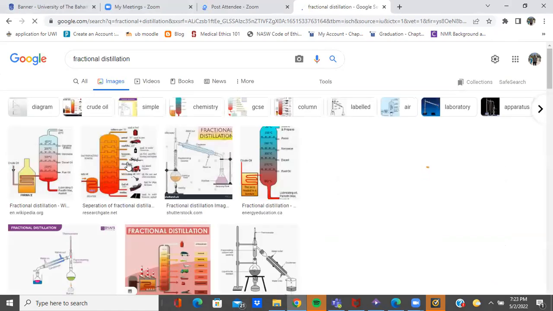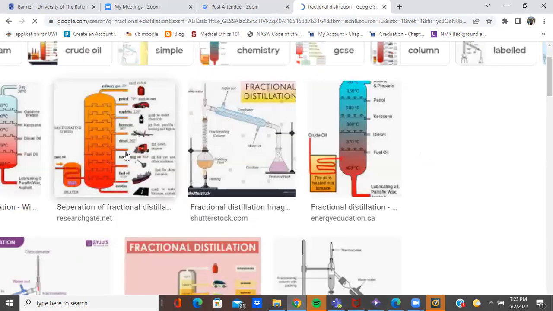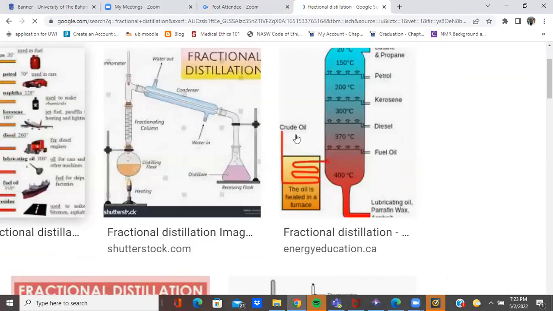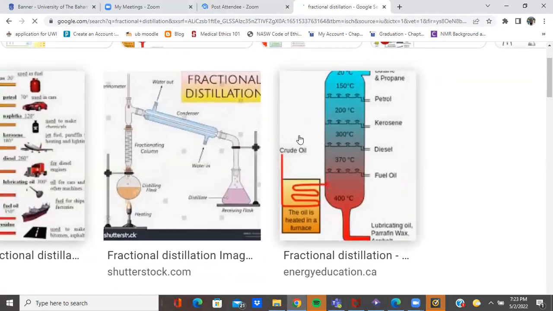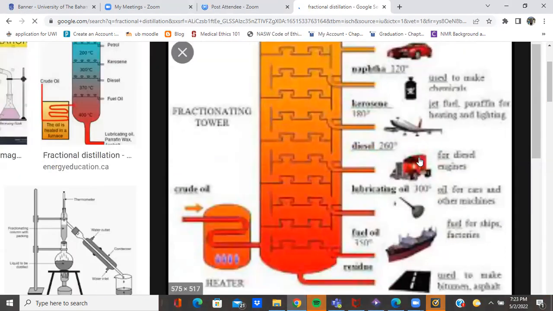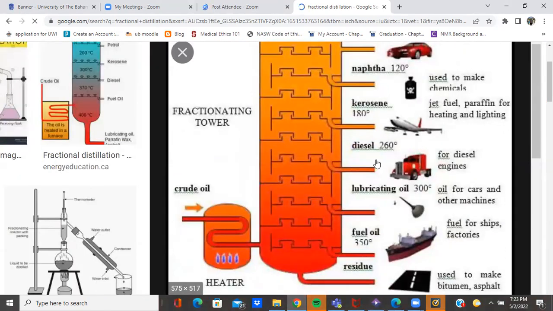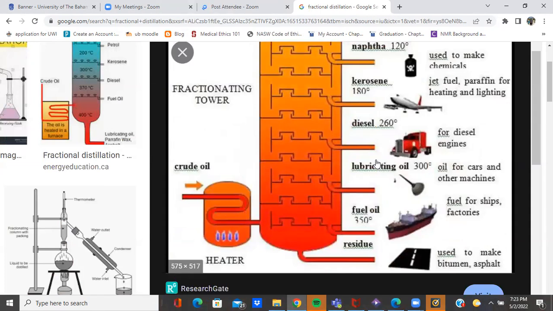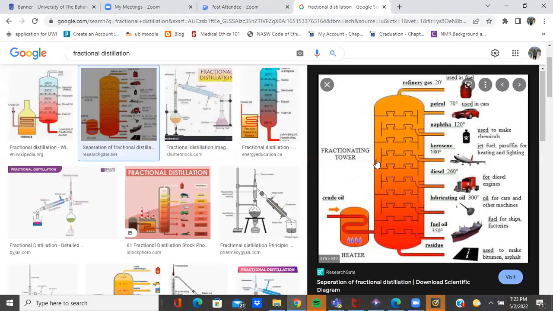Notice, with fractional distillation, we're separating crude oil.